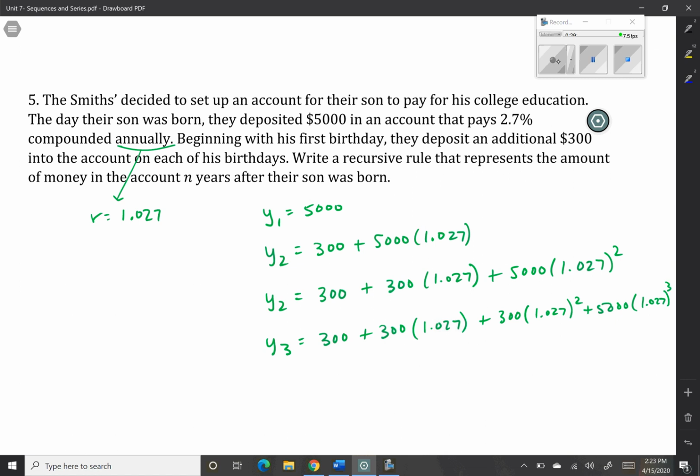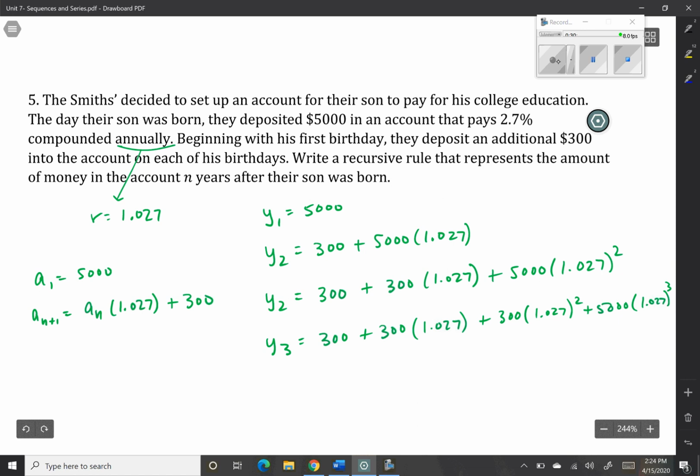So to write a recursive rule here, we're starting with year one, $5,000. The next term is going to be whatever the previous year's term is times 1.027 plus an additional $300.